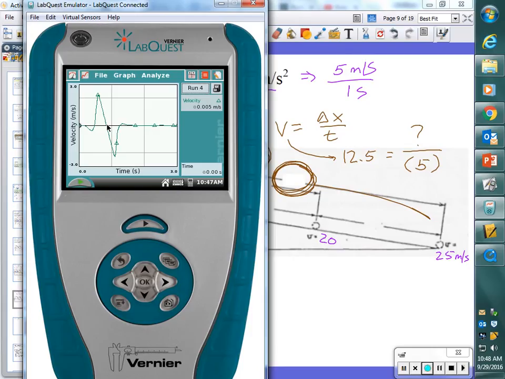Here's the trickier part. What happens after that point? Sophia, go ahead. It speeds up, but going which way? Downward, in the negative direction. Right? This section from here to here, even though the line is sloping downward, represents the object speeding up.